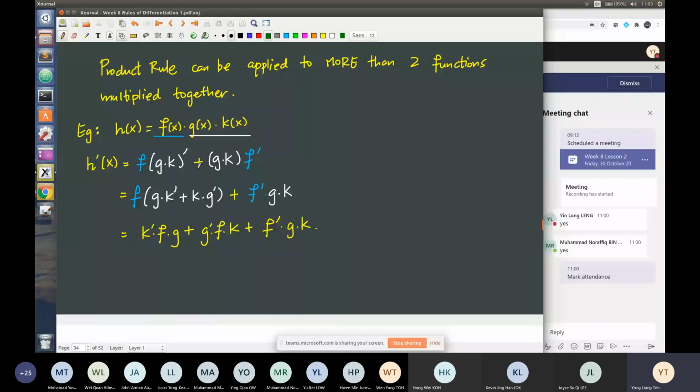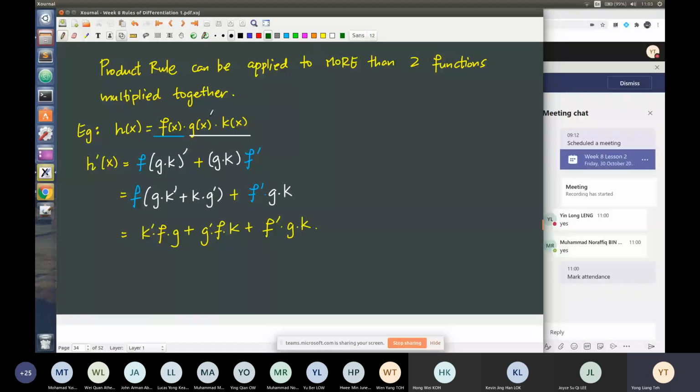I applied the product rule to f times g times k, which means you treat g times k as one function.